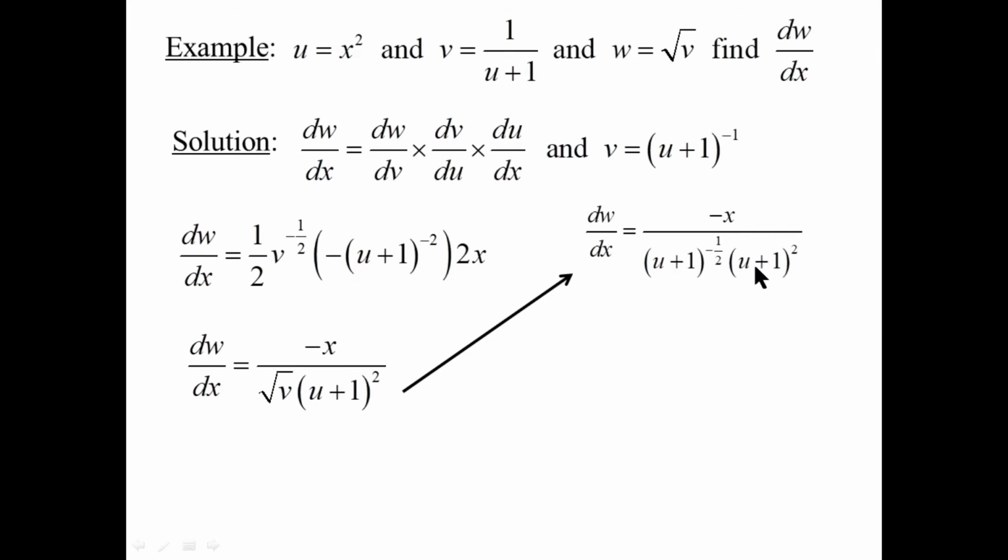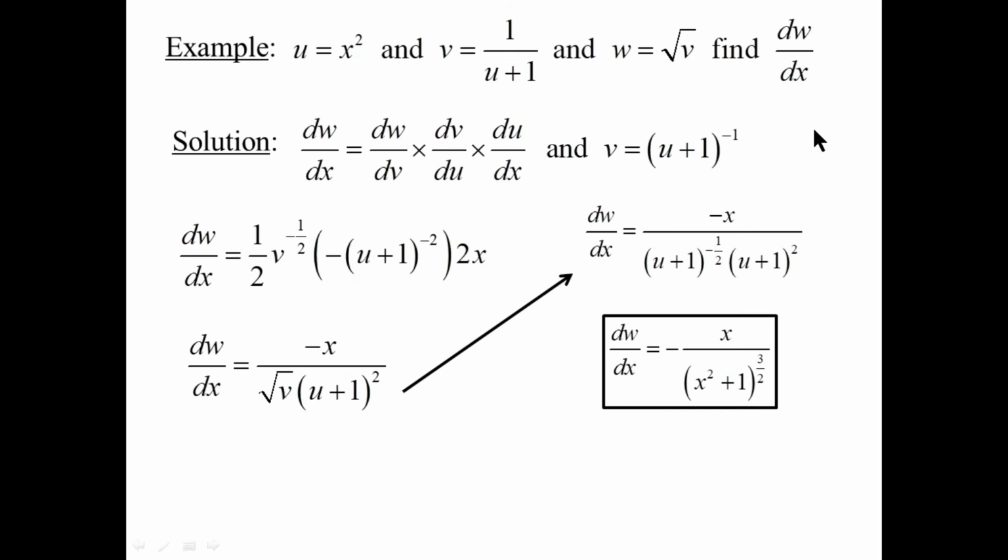Now we have these multiplying powers of the same base, keep the base and add the exponents. So we could say negative 1/2 plus 2 is, well, 3/2, and the u is x squared. So we could just plug that in like that. X squared plus 1 to the 3/2 with a negative out front and an x. So now we have dw by dx with just x.